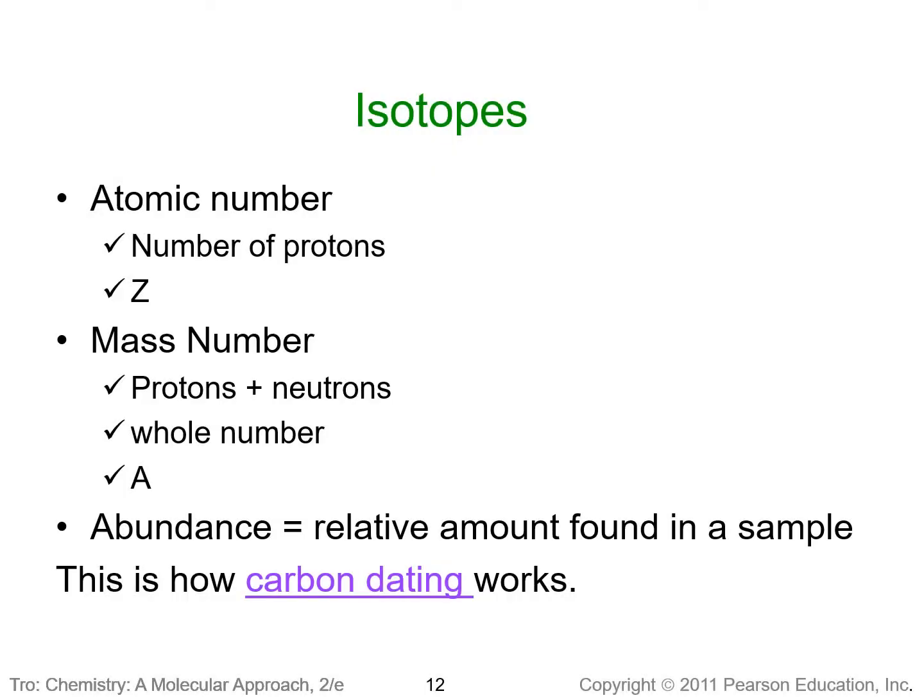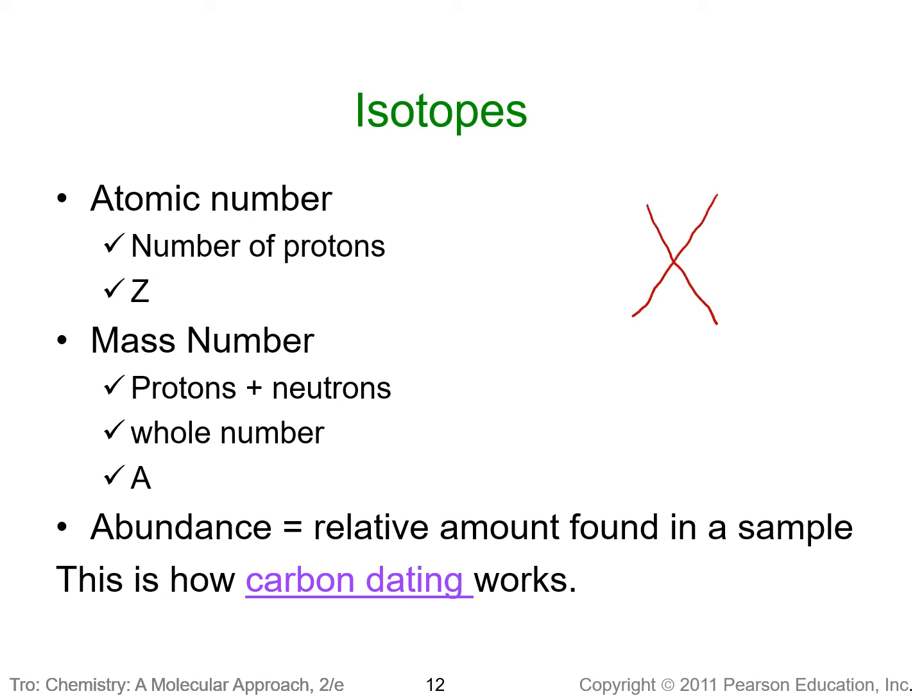Protons and electrons are not the full story when it comes to atoms. We also have neutrons, and by adding neutrons, that changes the mass of our atom. That leads to isotopes. When we talk about isotopes, we write something called an isotopic symbol or an atomic symbol.